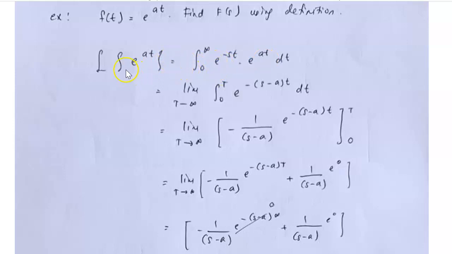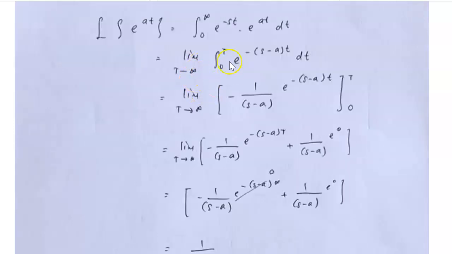So Laplace of e^(at) using definition, kita buat je sebab dalam bentuk integration 0 to infinity e^(-st) e^(at) dt. Then by applying the limit concept, lim t to infinity 0 to t e^(-(s-a)t), sebab e sama kan, kita boleh fakturkan sebab e dengan e.